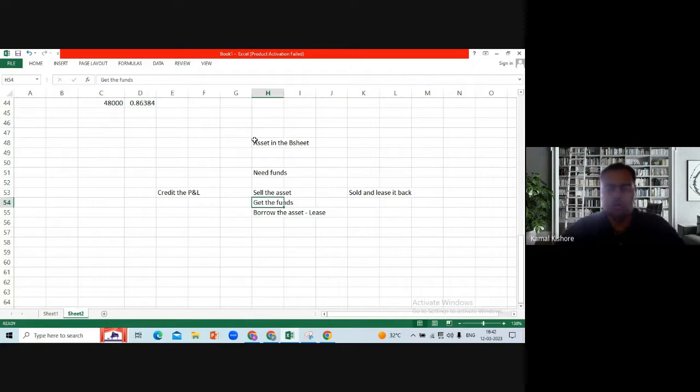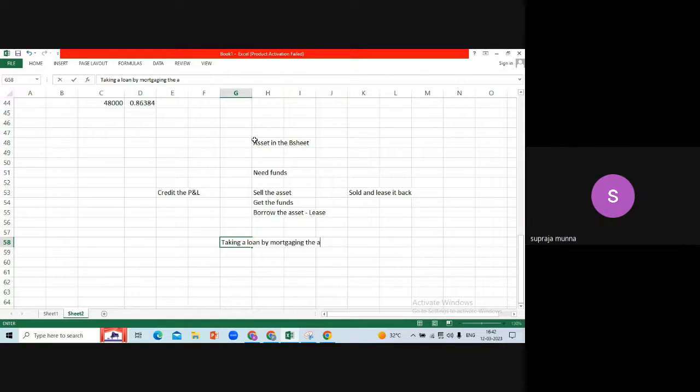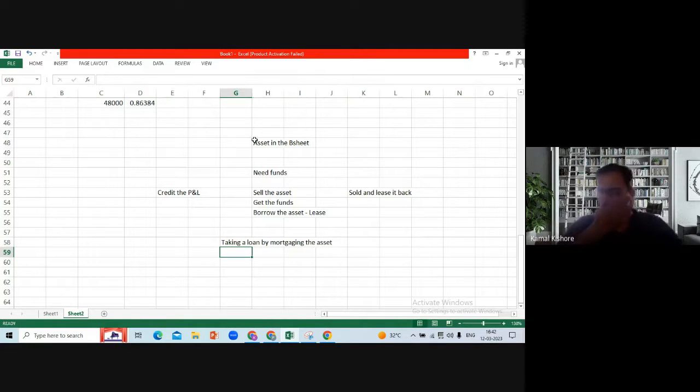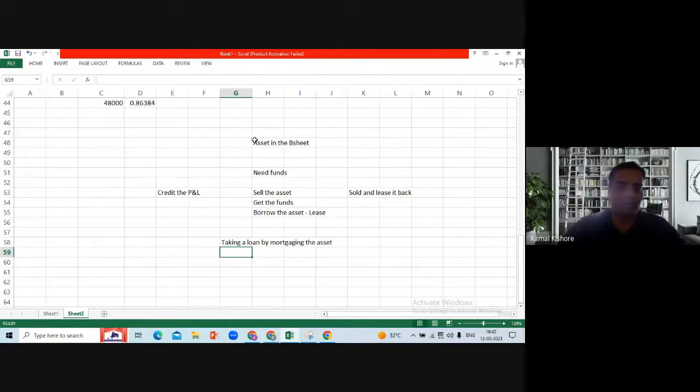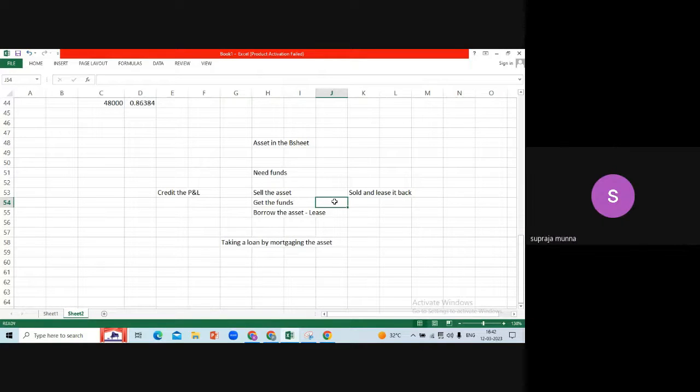Essentially, what the standard says is that this is nothing but taking a loan by mortgaging the asset. You have not really sold the asset. Instead of mortgaging it with the bank or someone and continuing to use the asset, you have sold the asset so that you take it away from the books of accounts, and then leased it.